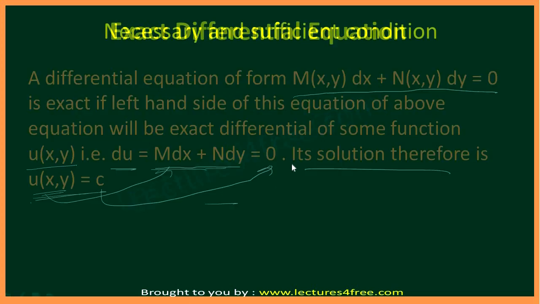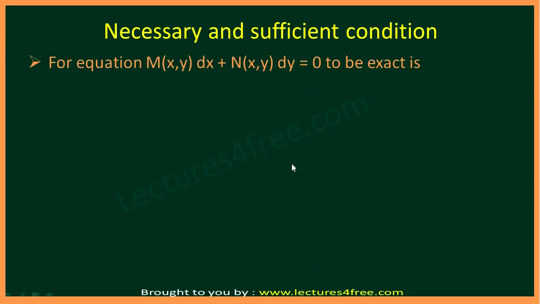Now see the necessary and sufficient condition for any equation like M dx plus N dy equal to 0 to be an exact differential equation. Any equation is given in this form, M dx plus N dy equal to 0. Under what necessary and sufficient condition will it be an exact differential equation?